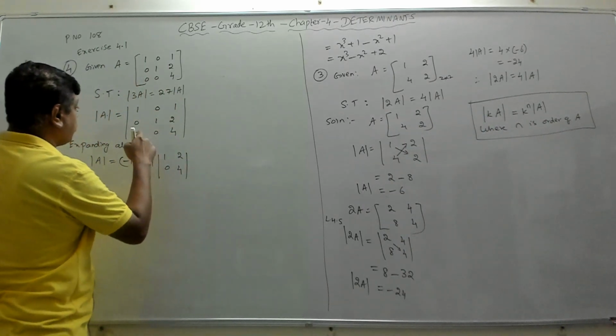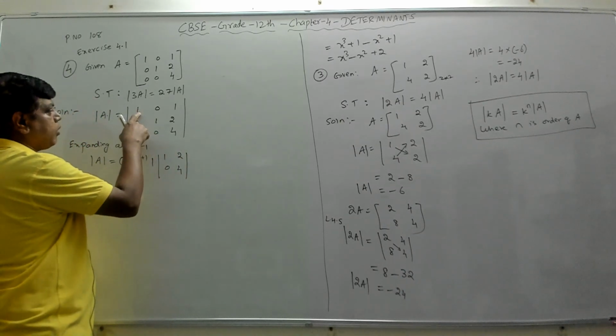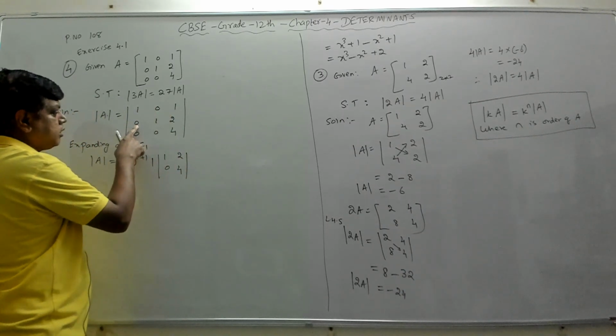Then I take this element, which is in the position of A21. This is A11, A12, A13, and this is A21, second row, first column.